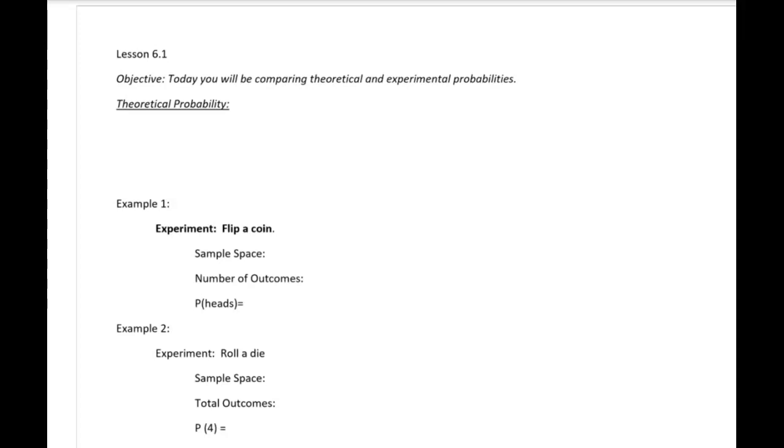Lesson 6.1 is about theoretical versus experimental probabilities. So theoretical probability is what should happen. If you look at the odds, what should happen?